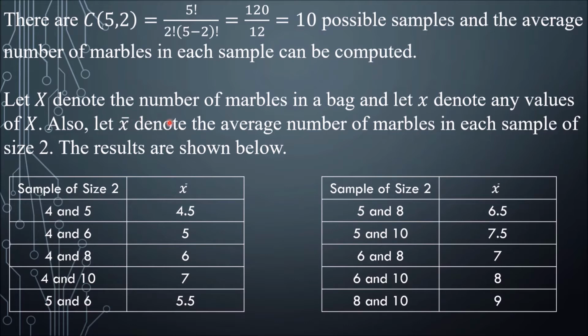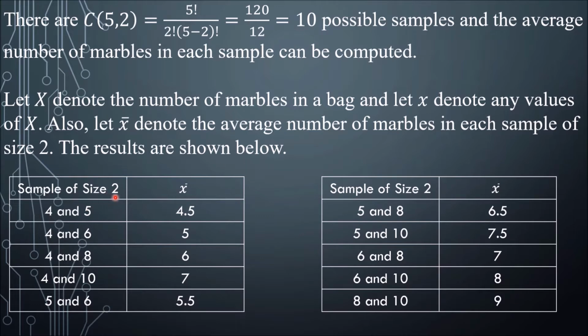So let capital X denote the number of marbles in a bag, and let small letter x denote any value of X. Also, let this symbol denote the average number of marbles in each sample of size 2, because we are actually drawing 2 bags. The results are shown below.